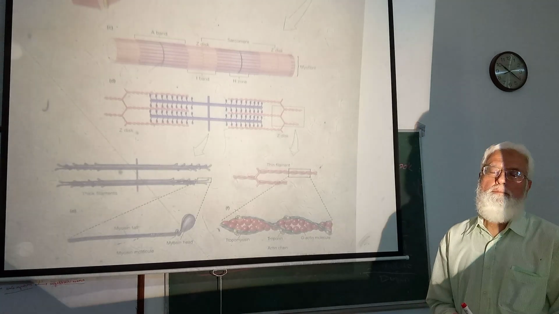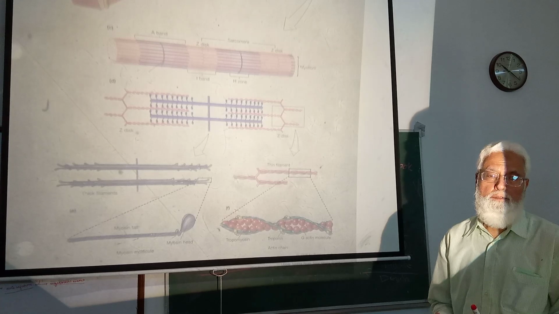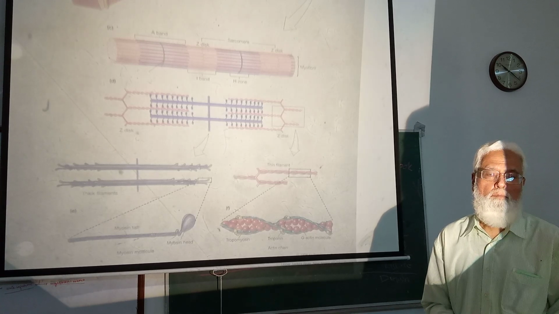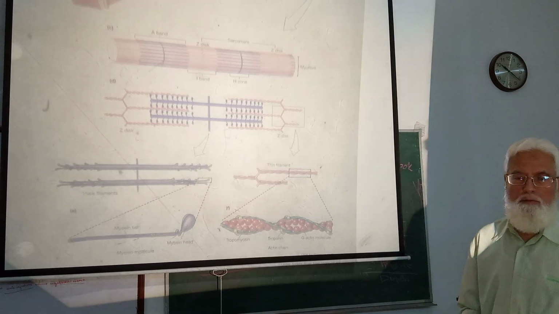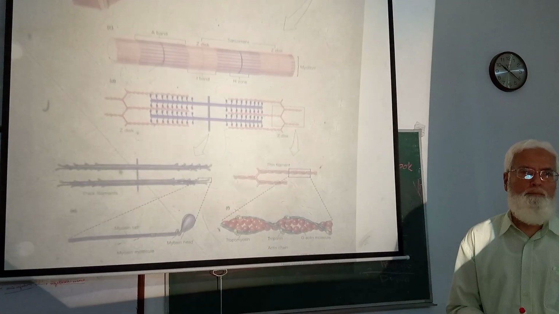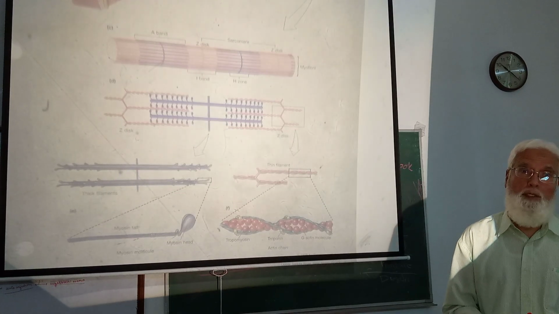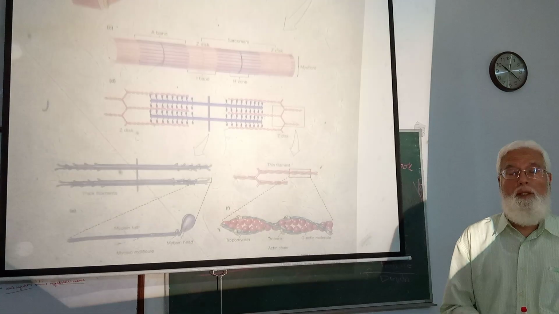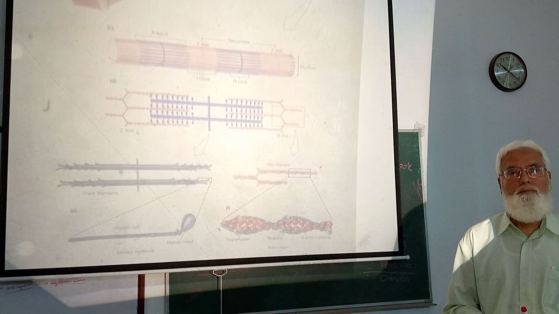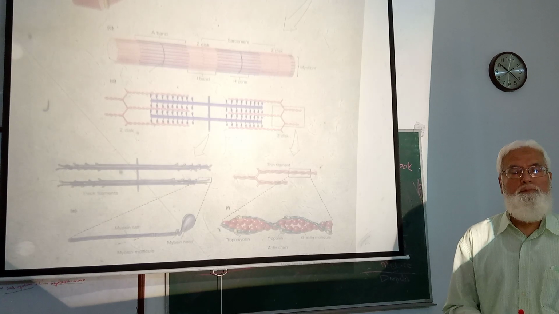In the muscle, there are certain proteins. In the muscle, there is myoglobin, which is a heme-containing protein. It has high affinity for oxygen.